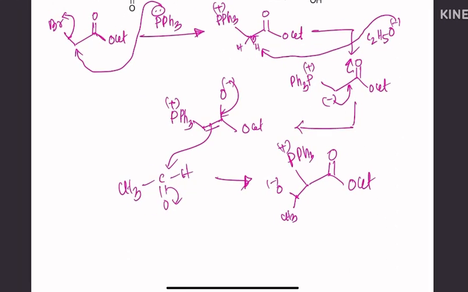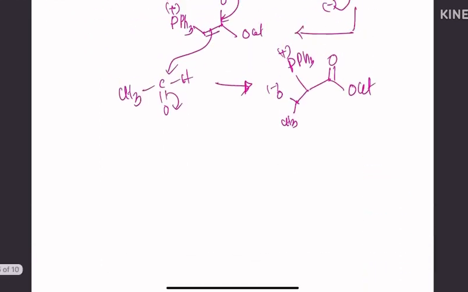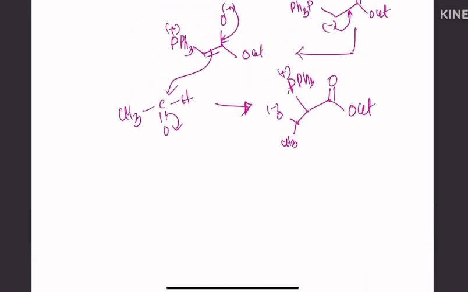And now what it will form, now see, this one is the PPH3 and there is a next O minus, so it will cyclize, like negative positivity is attached and kind of cyclization it will happen.